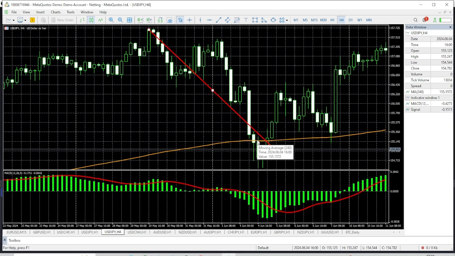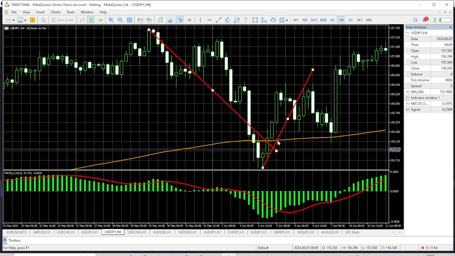Now, we are looking for candlesticks that will not touch the exponential moving average at all. We don't want the wick or any part of the candlestick to touch it. Now, the market shifts position and moves up again.